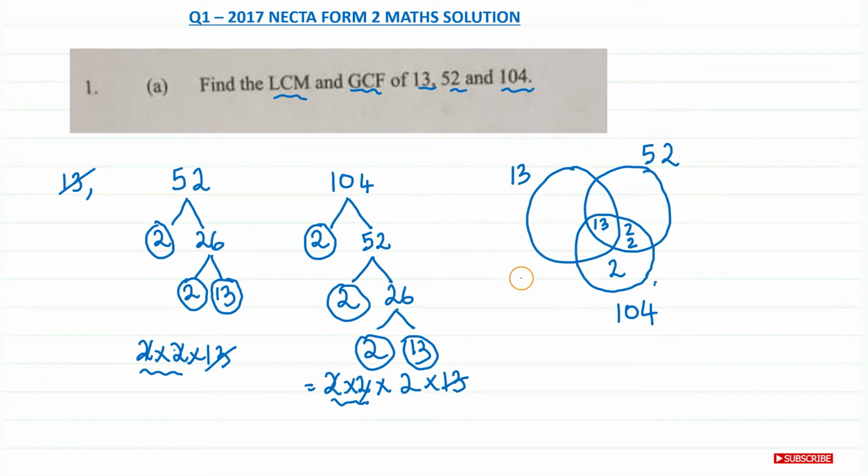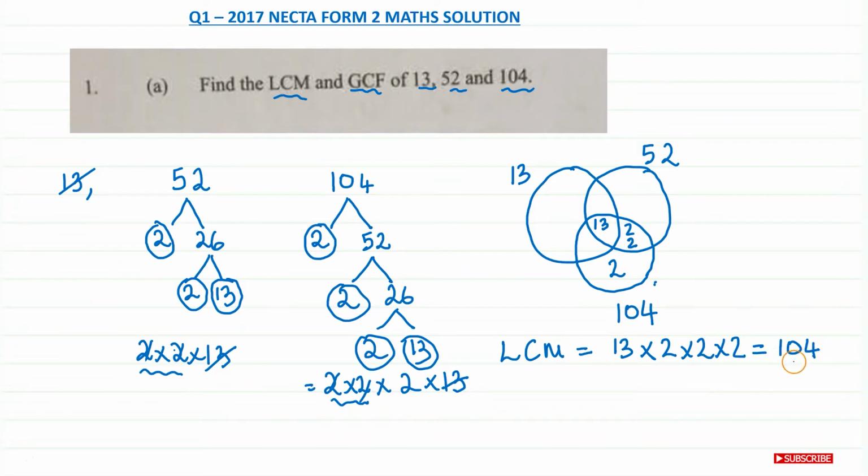Now, how do we find the lowest common multiple? We find the lowest common multiple by multiplying all the numbers in the Venn diagram. So that's 13 times these three 2s: times 2, times 2, times 2. 13 times 2 is 26, 26 times 2 is 52, 52 times 2 is 104.